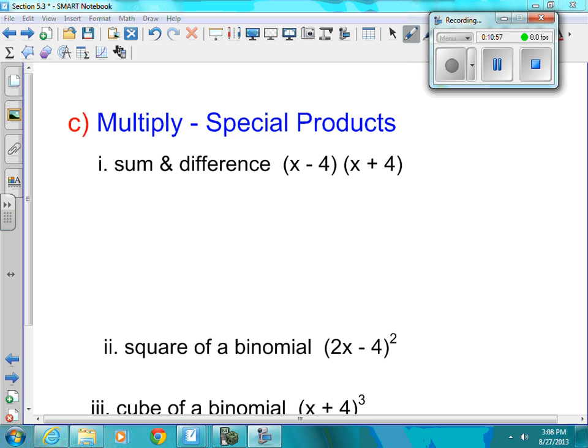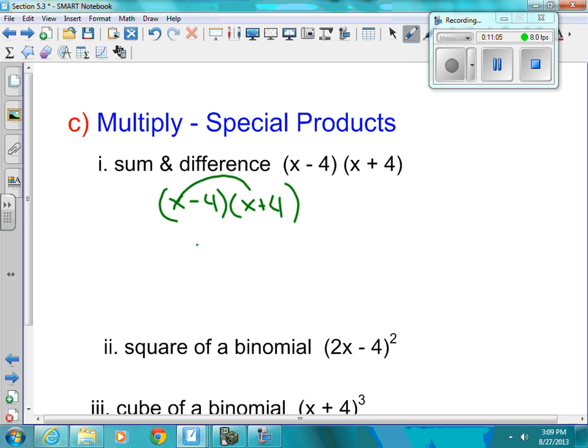We've done this before. Let's go back to the old FOIL method. Just for everybody that really likes FOIL, first, outer, 4x, inner, negative 4x, and last, negative 16. What happens that's cool with this one when it's sum and difference or pattern is the middle term drops out.